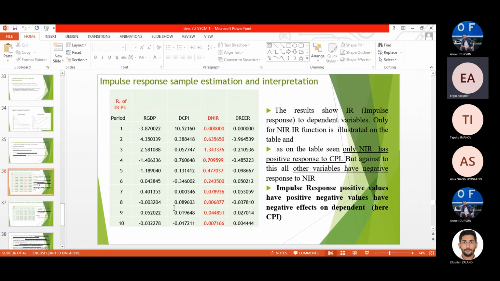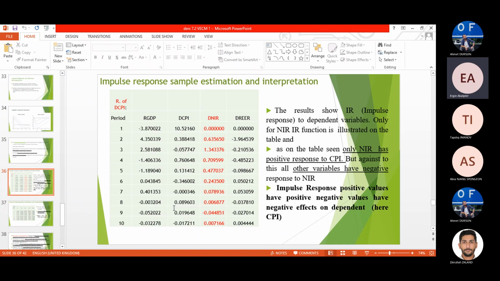Therefore, the real effective exchange rate and GDP affect the CPI negatively, and only the nominal interest rate has a positive impact on the CPI.